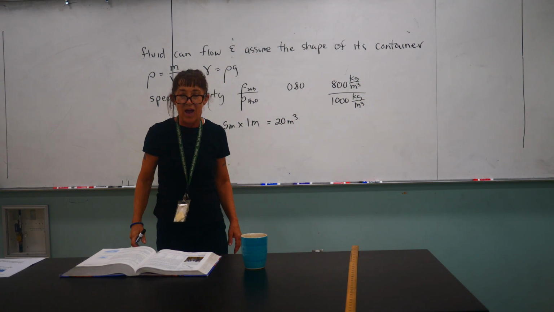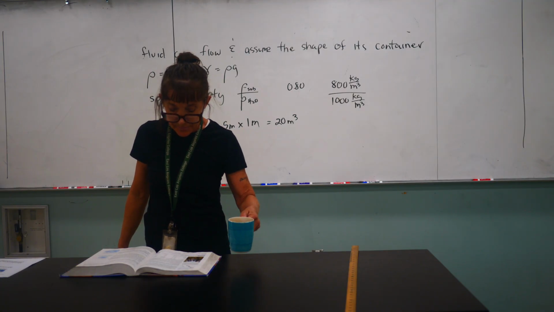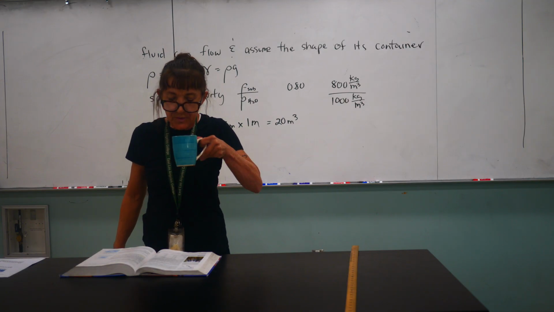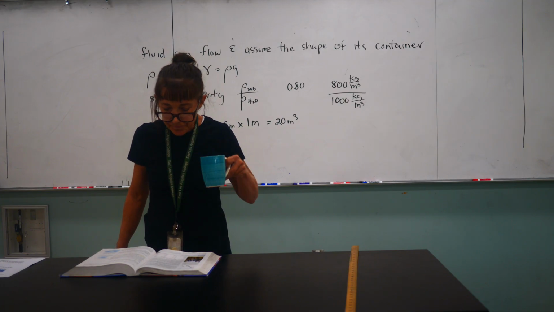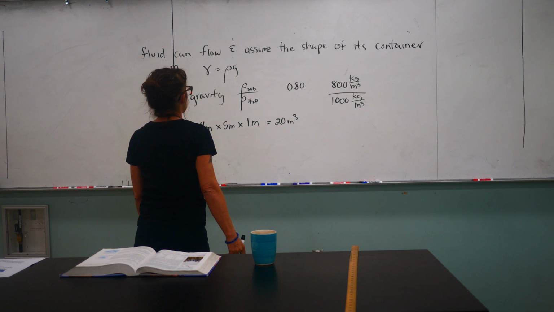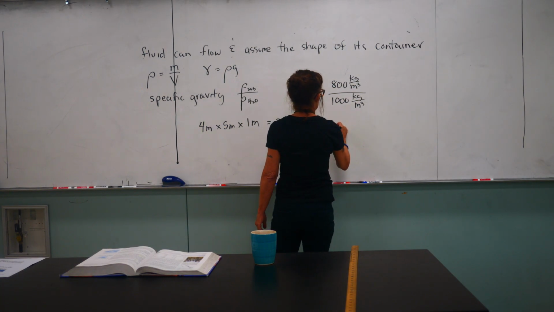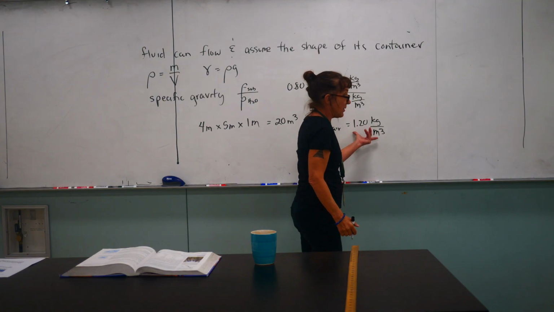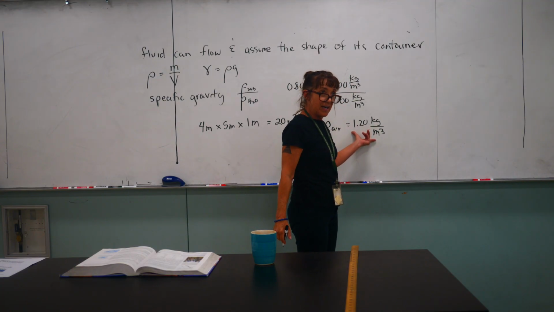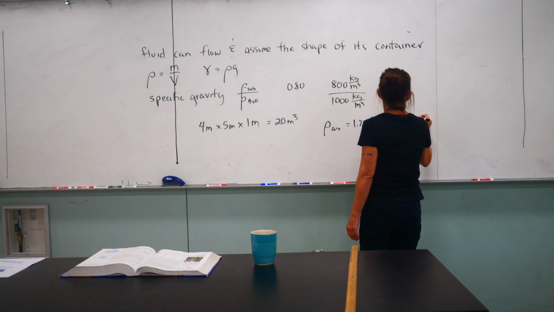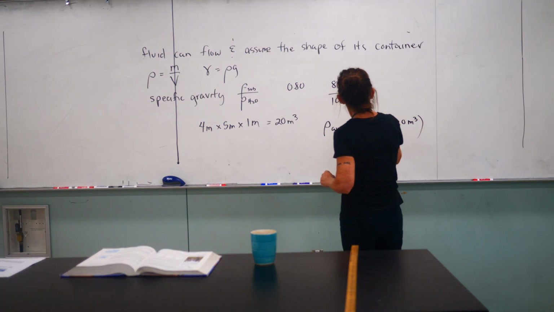And for air, table 12.1 gives you different densities of various materials. Air has a density of 1.20 kilograms per meter cubed. If I multiply that by its volume, 20 meters cubed, I'll get a mass. Oh my gosh, I forgot my calculator.